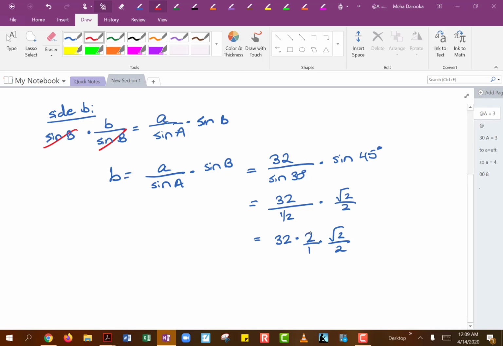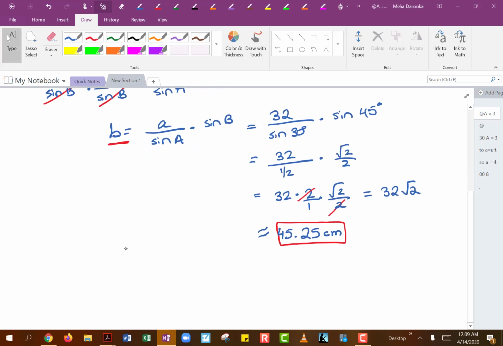In this case, I'm seeing a 2 on the top and a 2 on the bottom, so you can cancel those out, and you would be left with 32 times square root of 2. Go ahead and multiply that, and you should get an approximate value of 45.25 centimeters, and this is going to be for our side b.